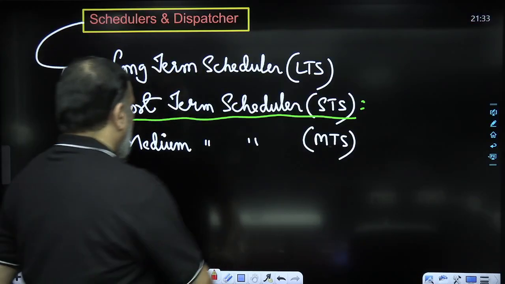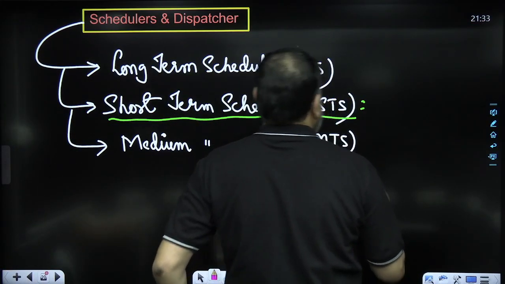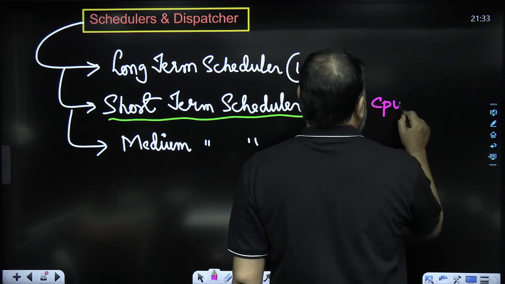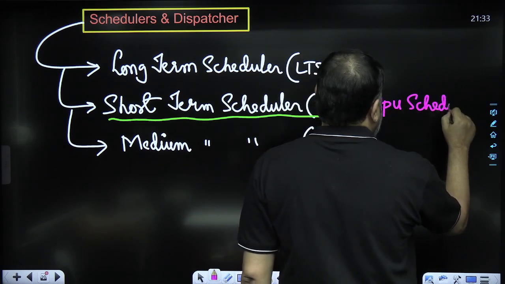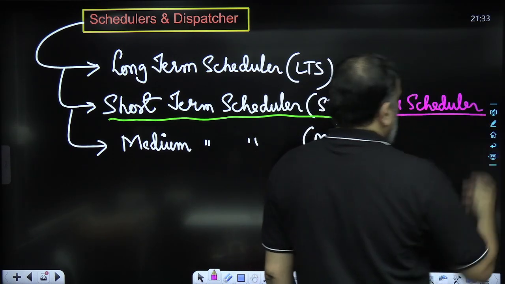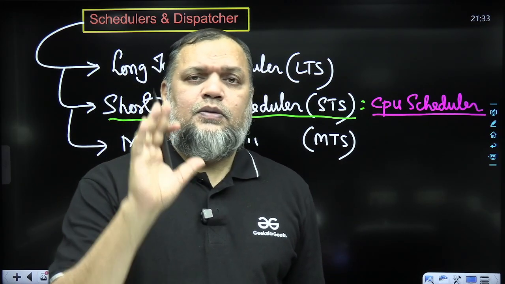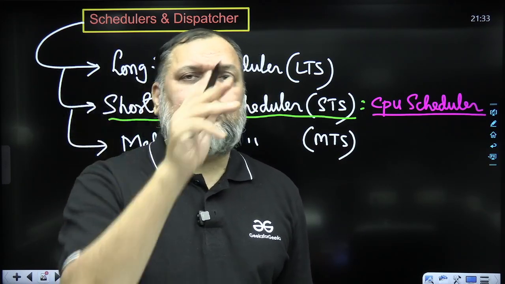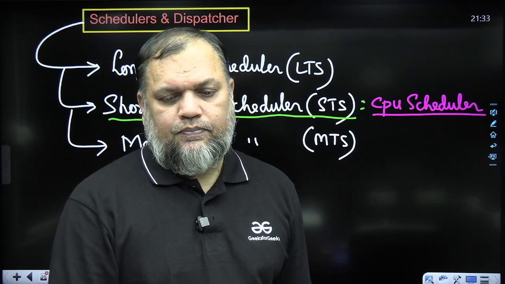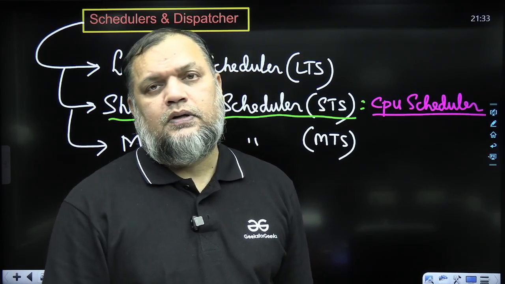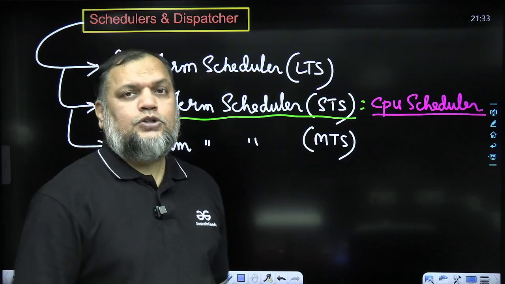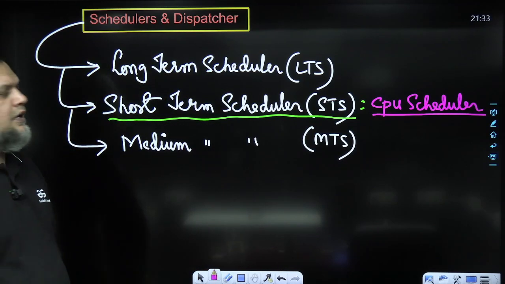So invariably I am compelled to write here saying that the short-term scheduler sometimes is also called the CPU scheduler. We have a next chapter on CPU scheduling. So the short-term scheduler is the module responsible for deciding who should run next onto the CPU. That is CPU scheduling. Which ready process should run next? I have different criteria implementing different scheduling techniques.